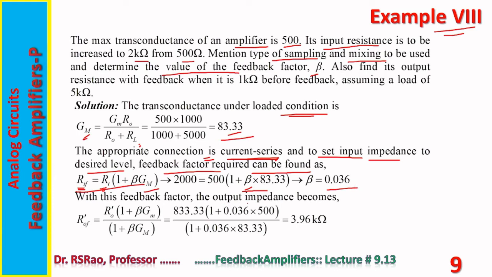With this feedback factor, the output impedance becomes R prime naught F equal to R prime naught times (1 plus beta GM) by 1 plus beta GM. The quantities here have their usual meanings. Notice, 833.33 is the parallel combination of 1K and 5K.